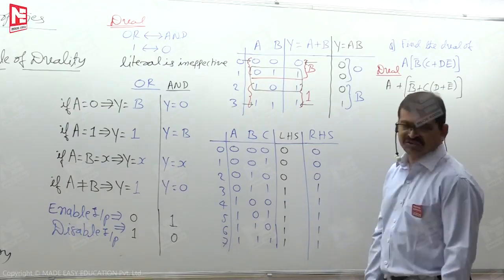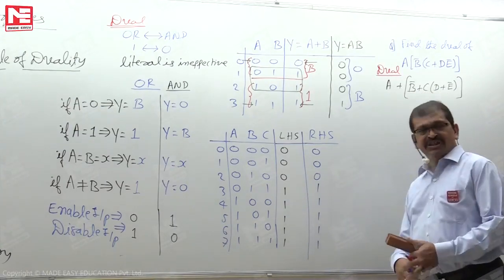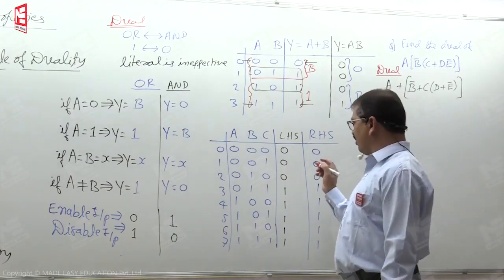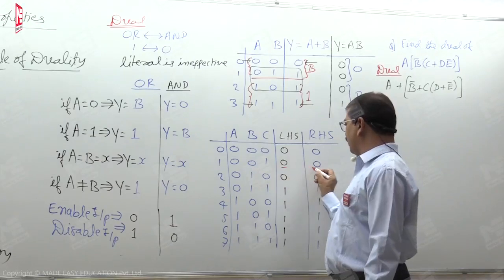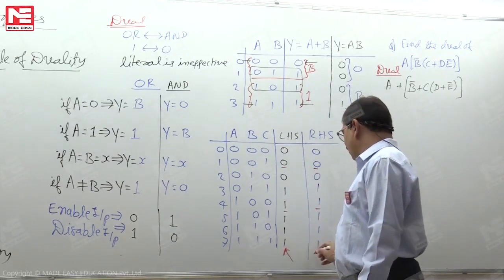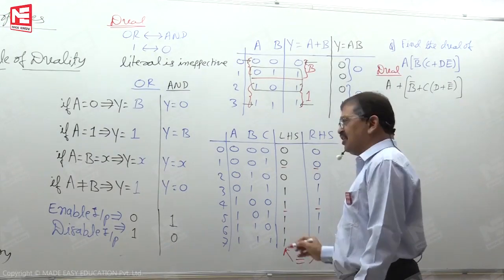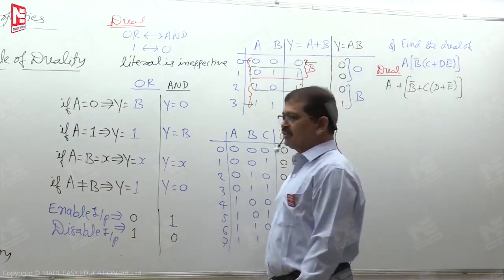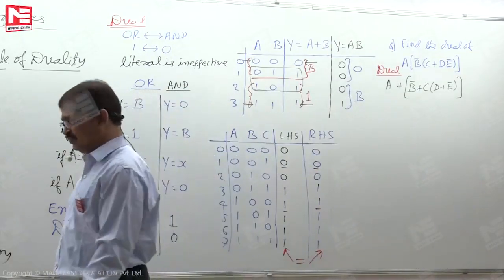Later, as I said, we compare the results row-wise. The row-wise results are the same. Once the row-wise results are the same, the relation we mentioned, distributivity, is true.